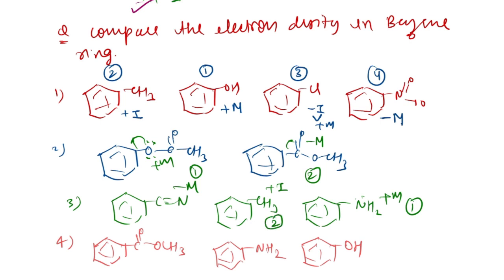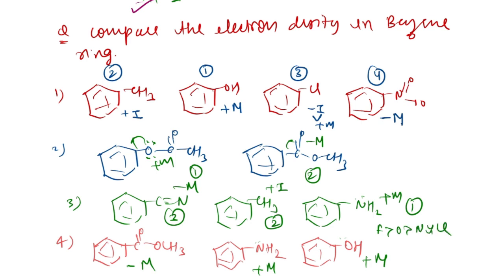Third. This is minus M, this is plus M and this is also plus M. So here we have a contradiction of two plus M groups: plus M of amine, as in aniline, and plus M of phenol also. So what happens? If you talk about the electronegativity, F, O, N and Cl are the top four electronegative elements over the whole periodic table.